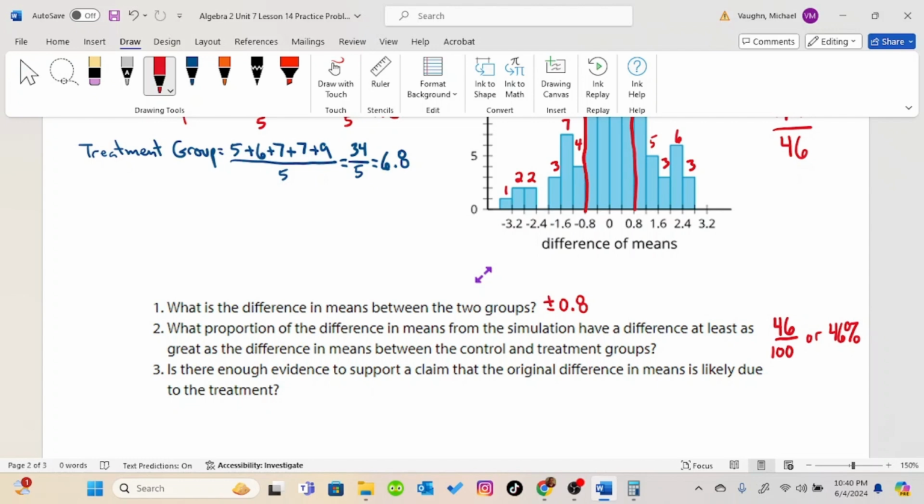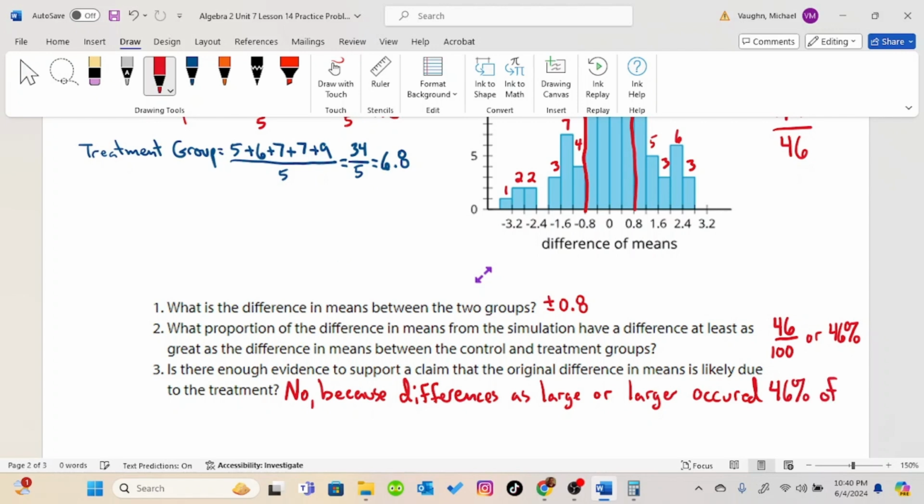And in this case, no. Because differences as large or larger occurred 46% of the time from chance.